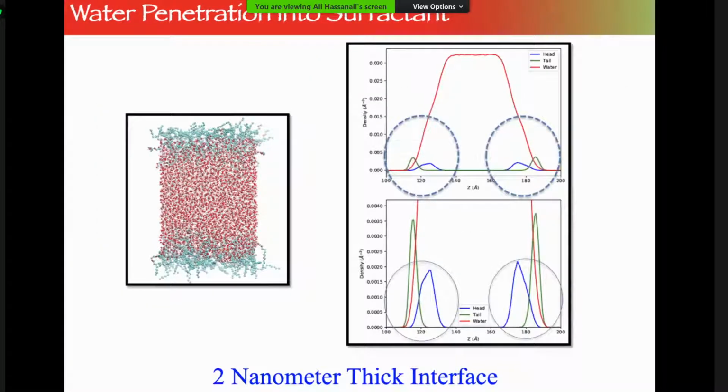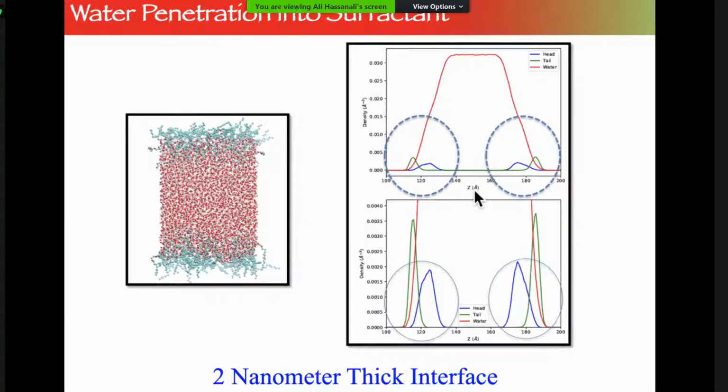So what are the types of things that we learn? One of the interesting surprises that we've discovered in this particular surfactant, the soap film, is that if one looks at the water density versus the density of the hydrophobic and the hydrophilic groups of the surfactant molecule, there's a lot of penetration of water molecules into the surfactant.